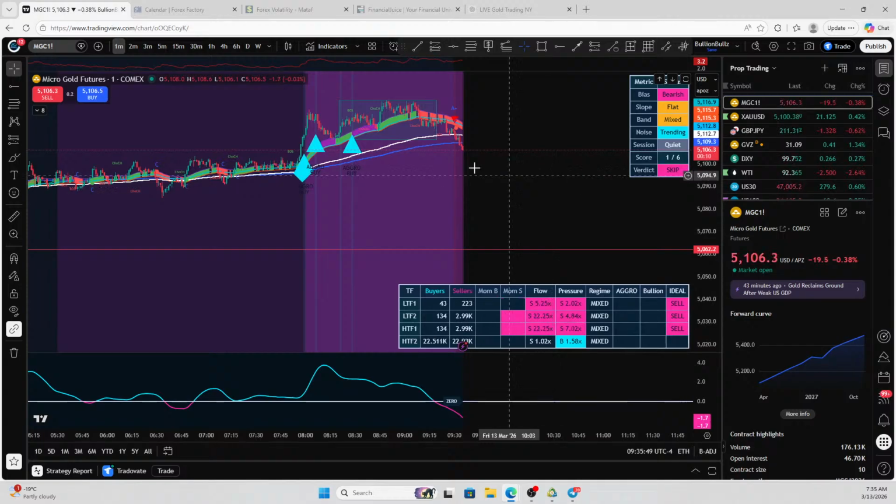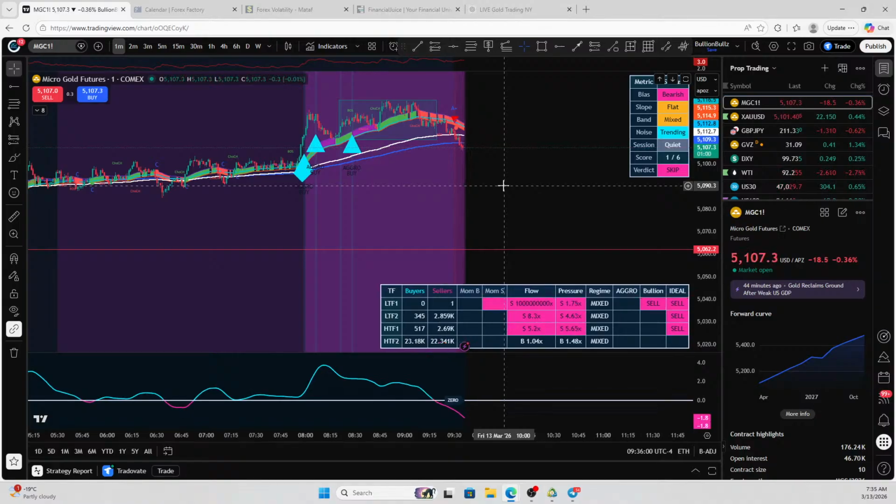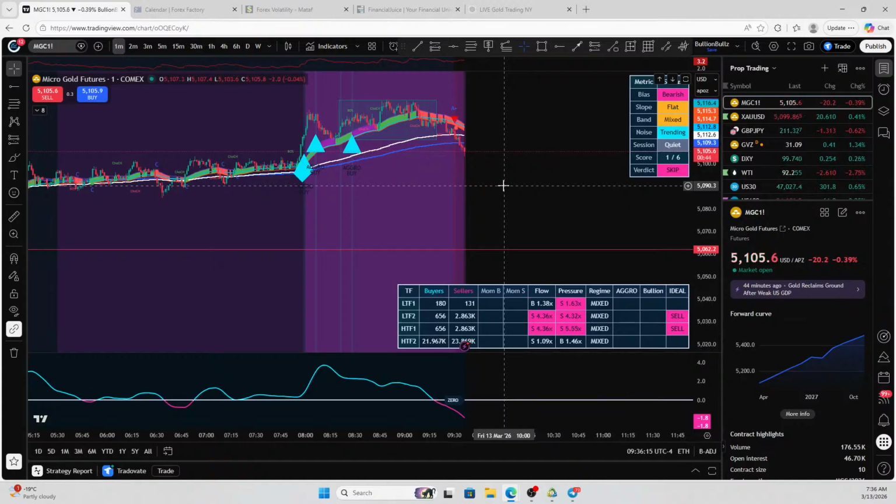Remember, with the Bullion Bullz trend master indicator, what it does is it keeps you out of the markets when the markets are not trending. It would actually reduce your urge to overtrade, because it gives you opportunities as they come into the market, rather than you trying to take every opportunity.